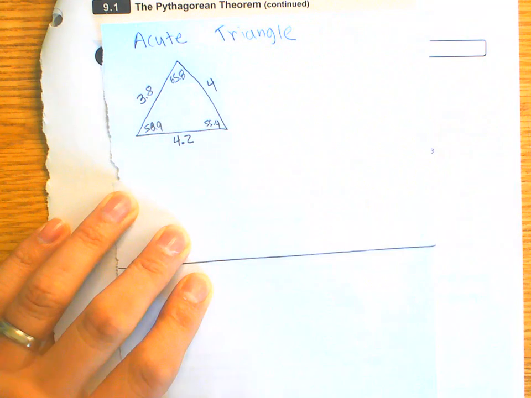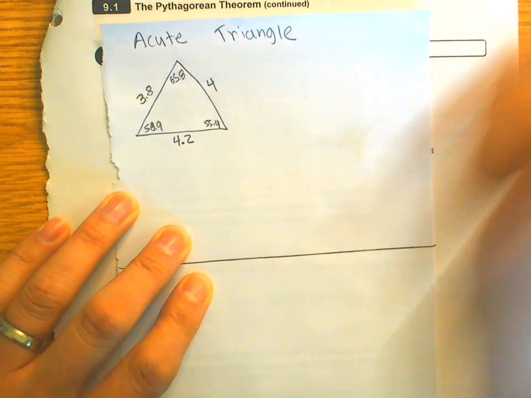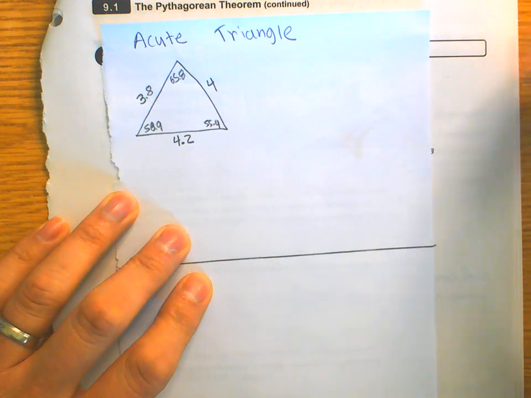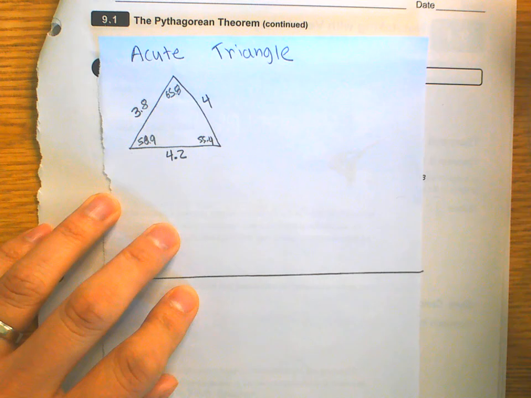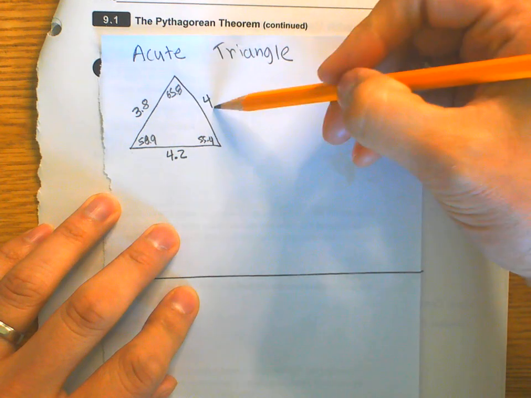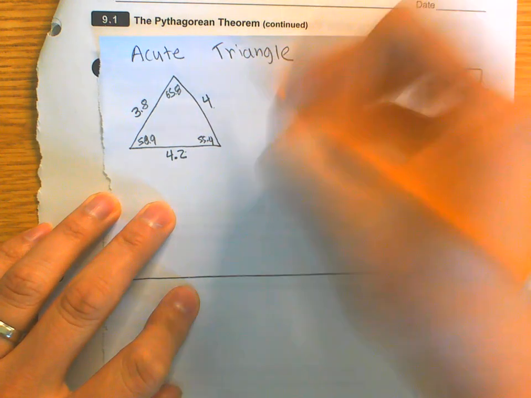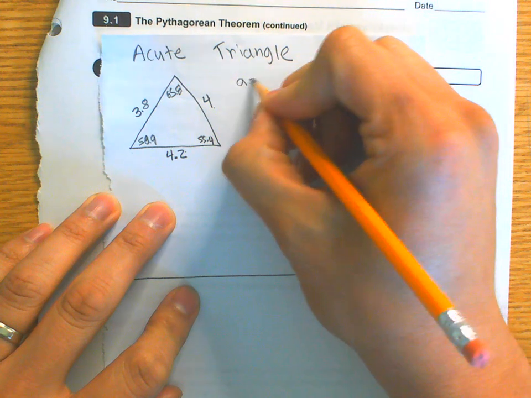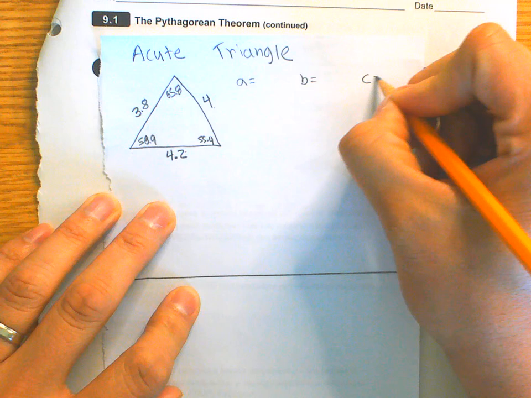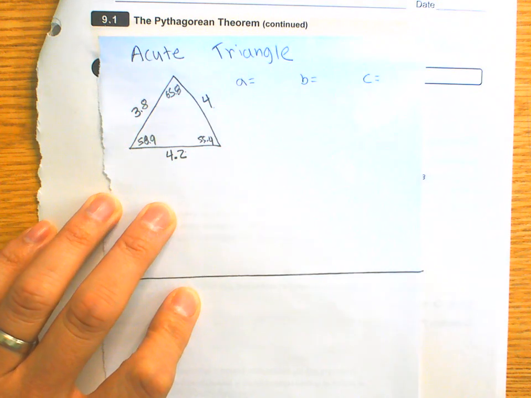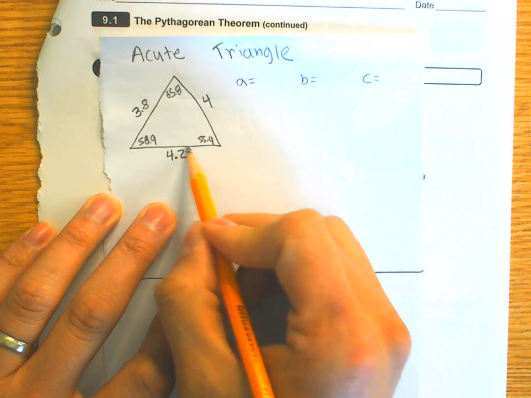Okay, so what we're going to do is we are going to organize the information that we have here. We're going to look first at the lengths of the sides. We have 3.8, 4, and 4.2. So we have 3 values. Now, the one that really matters here is the longest piece. The longest piece here happens to be 4.2.